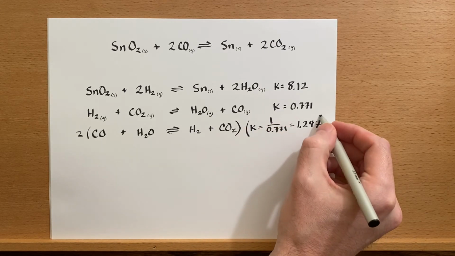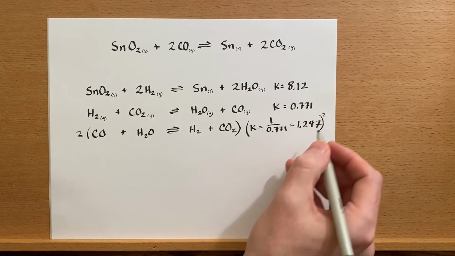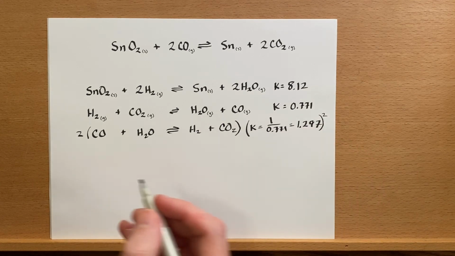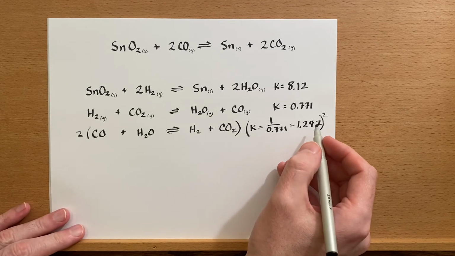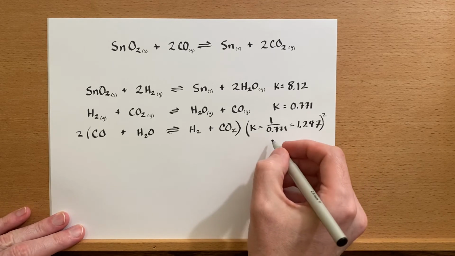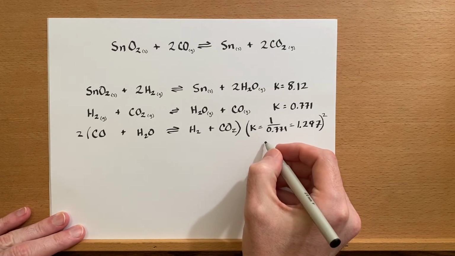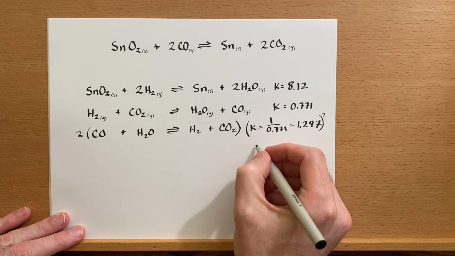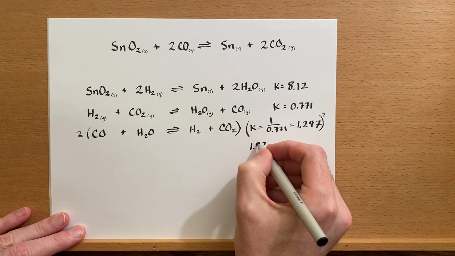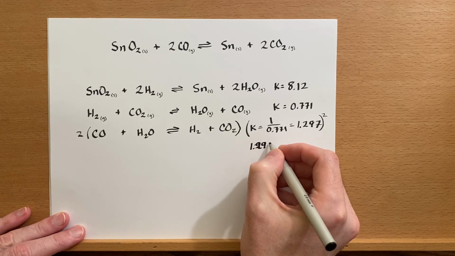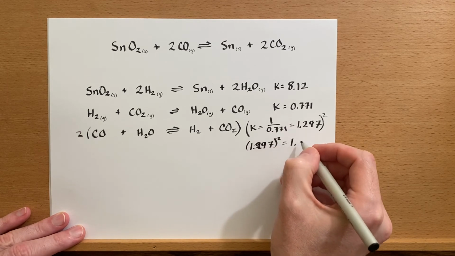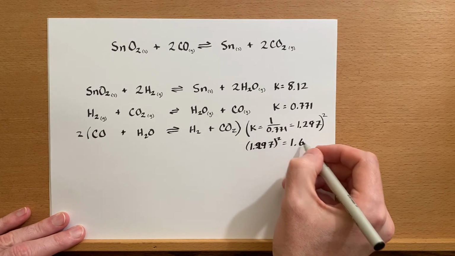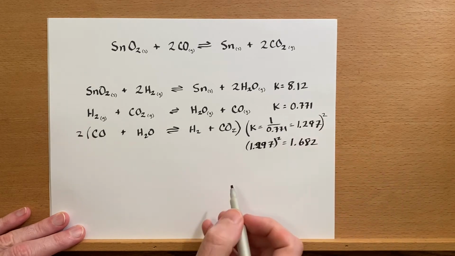So I'm just going to write that whole thing squared like this. If I take 1.297 and square it, then I will get 1.682.